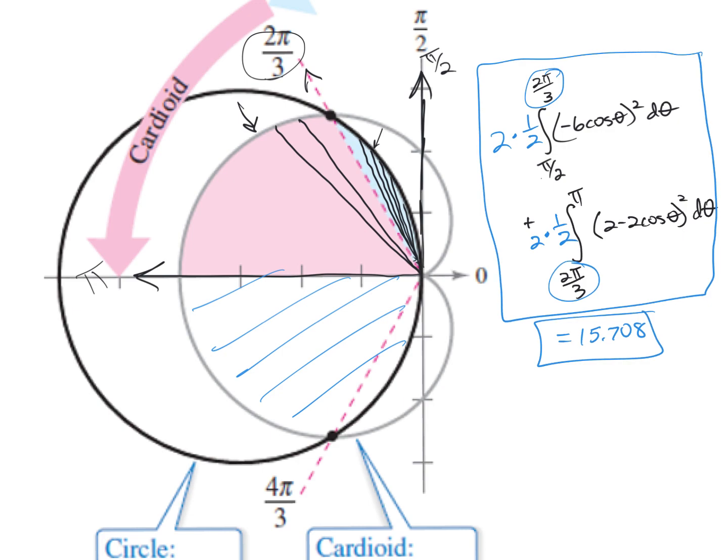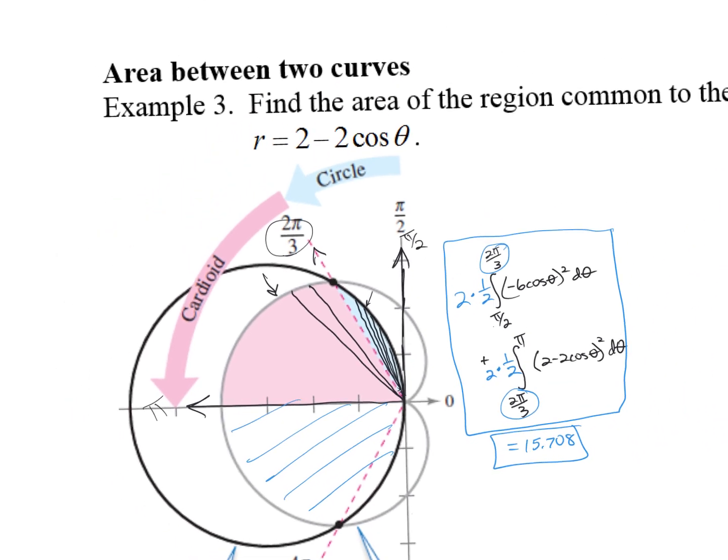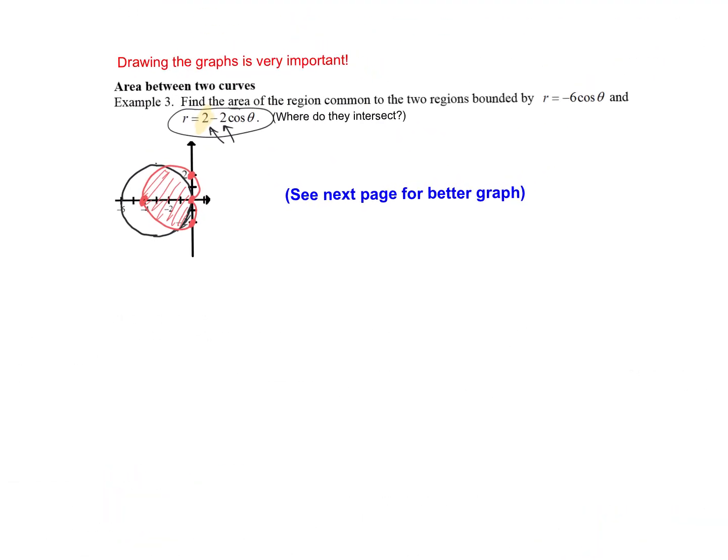Now, the one thing we kind of skipped was how did we get this 2 pi thirds angle? And I should have done this first, sorry, but back here, I would notice that I need to know where those intersect each other because I've got these two different sections going on. So I would just set these equal to each other and solve.